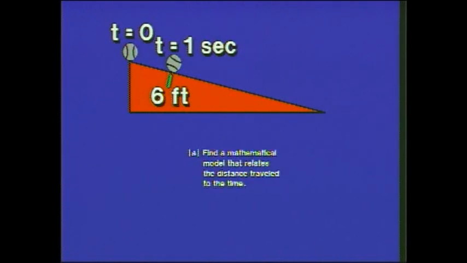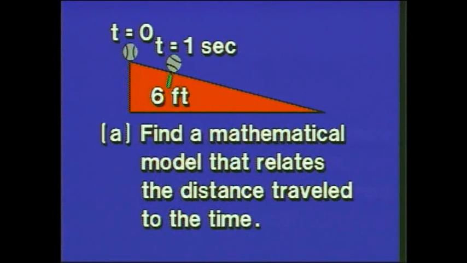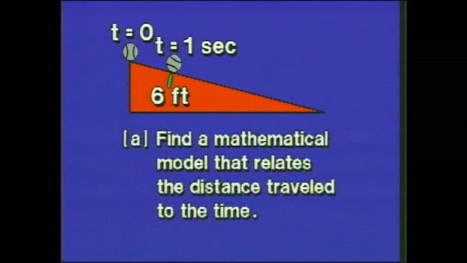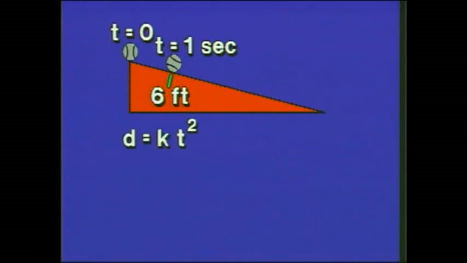Well, let's see. The problem is proposing that we find a mathematical model that relates the distance traveled to the time. Now, since we're told that the distance varies directly with the square of time, that implies the existence of a constant k such that d is equal to k times t squared.